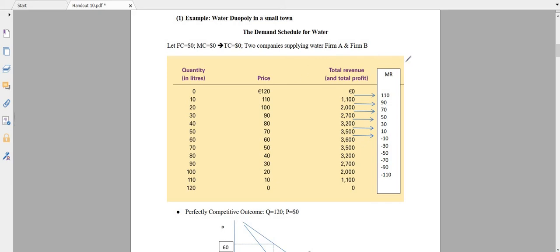So it gets a little complicated when we discuss pricing and production decisions in the case of oligopoly, and it gets even more complicated if you're talking about A and B, where they are aggressively competing with one another.